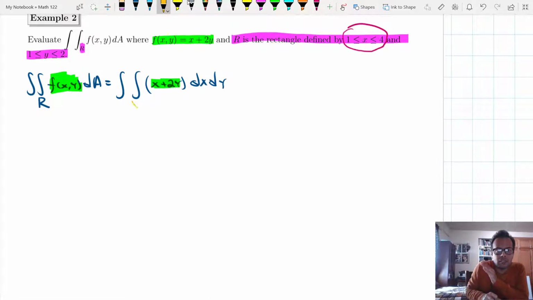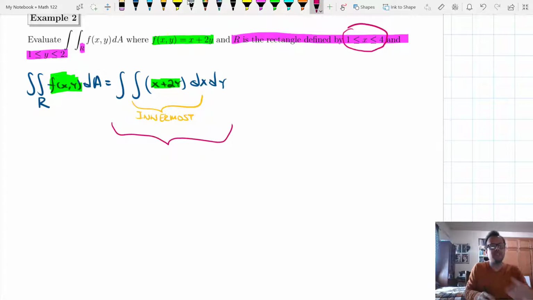The innermost integral will have the dx, and the outermost integral will be the one outside, going with dy. So first we are going to evaluate the integral with respect to x, and then the integral with respect to y.